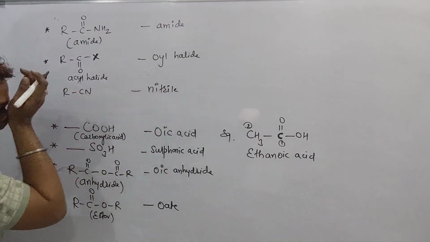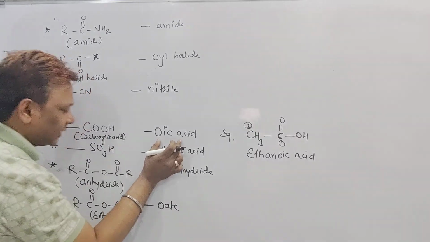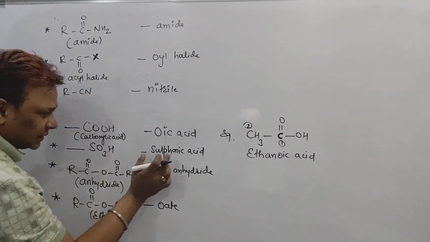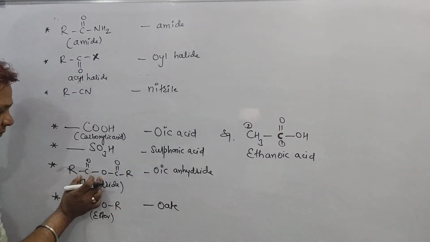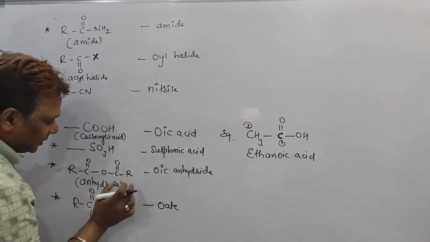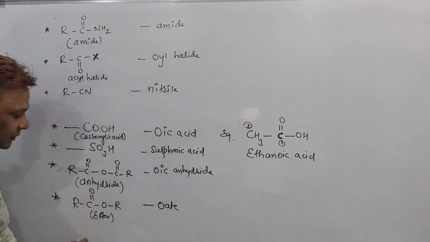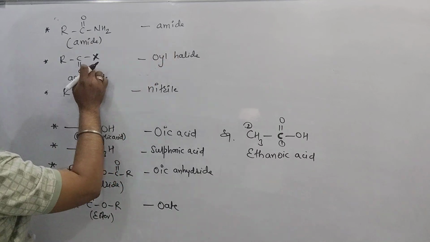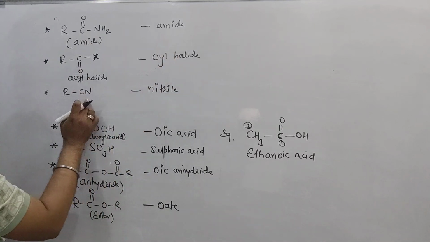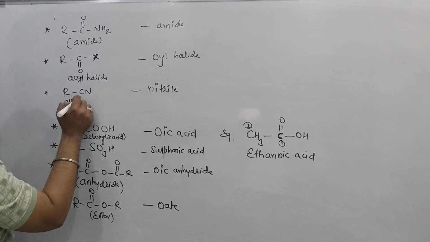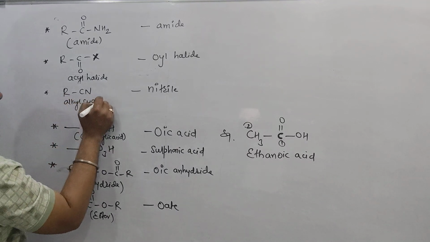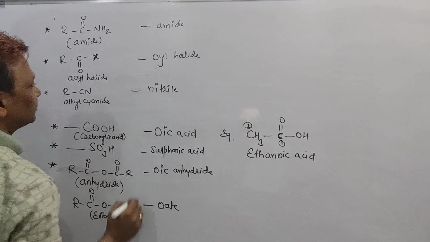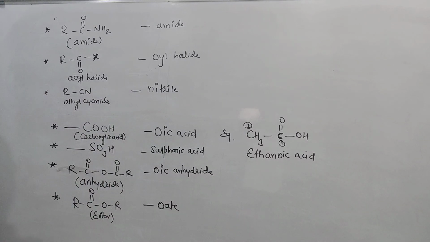Please remember, carboxylic acid means "oic acid", SO3H means "sulfonic acid", anhydride means "oic anhydride". For ester, "oate"; for amide, "amide"; for acyl halide, "oyl halide"; for RCN, alkyl cyanide, we should use "nitrile", right?